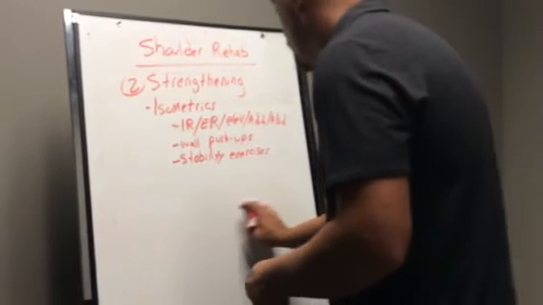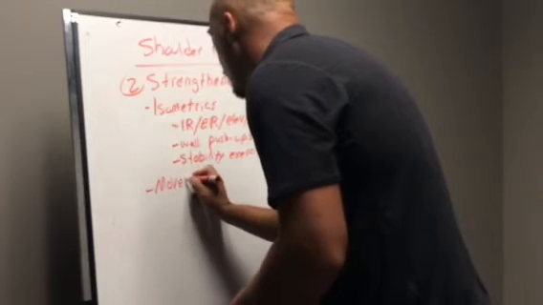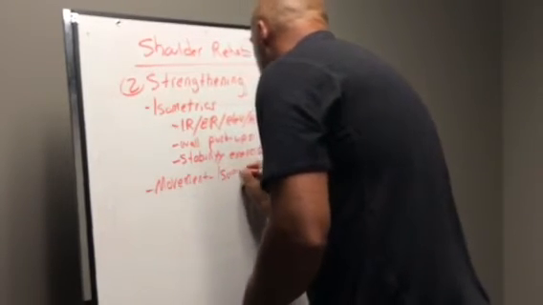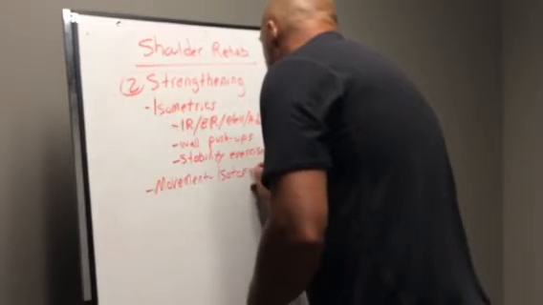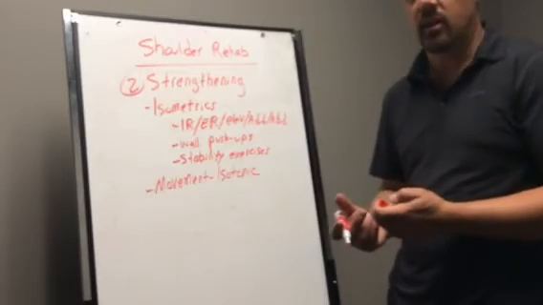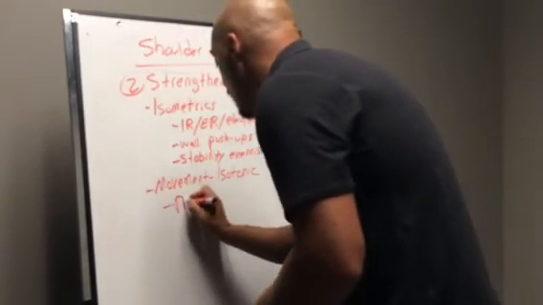So we can start creating a little bit more movement or isotonic movement exercises. Okay, so isotonic exercises are eccentric and concentric exercises. We can do pendulums, keep it easy, down low.